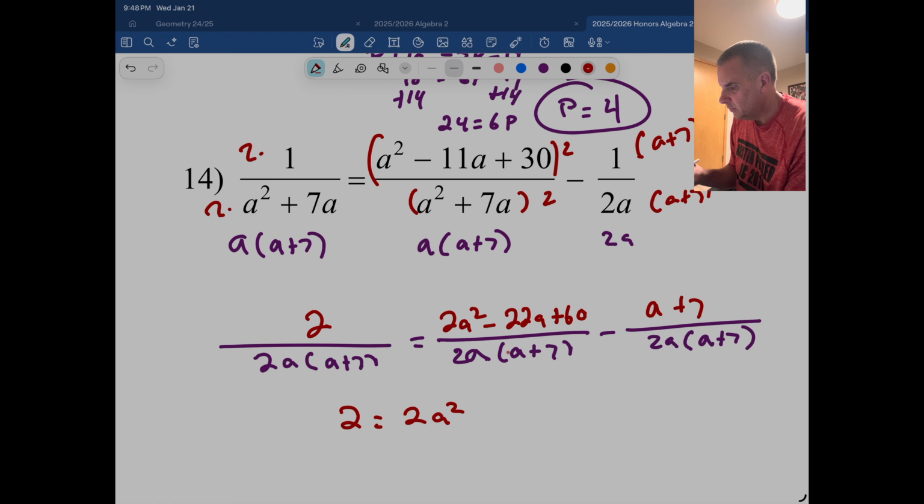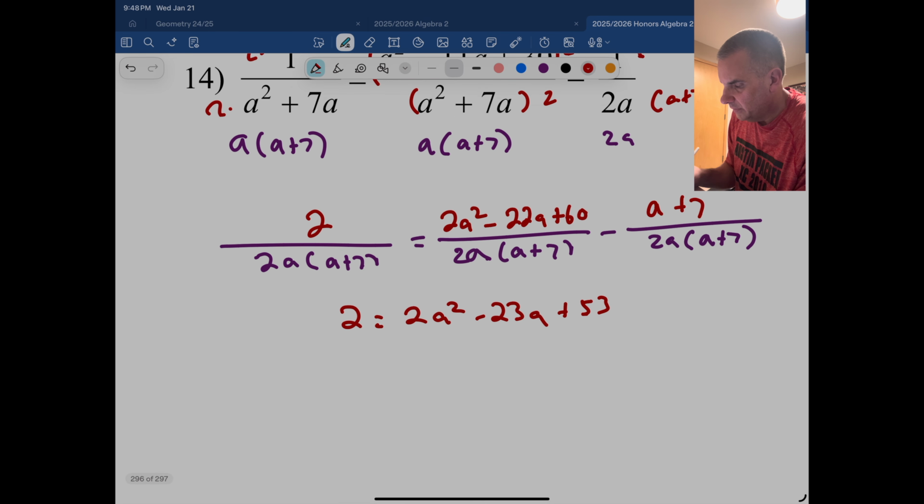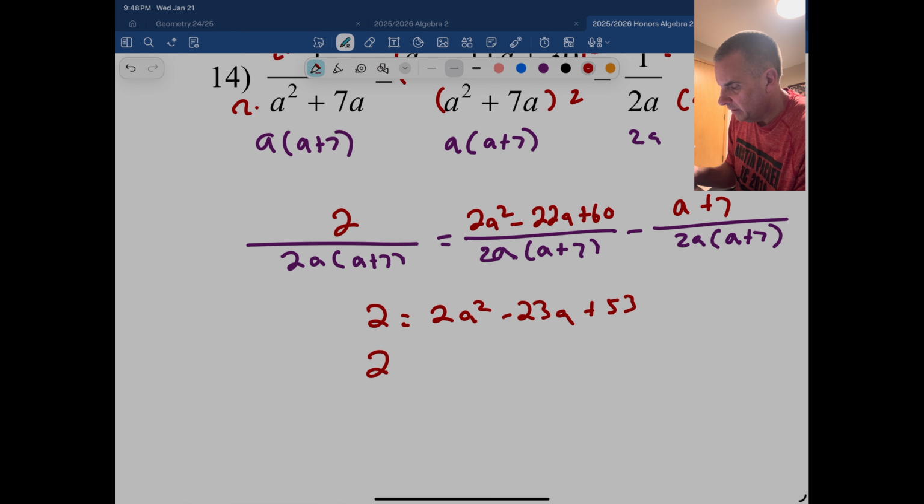I've got negative 22a, so negative 23a. 60 minus 7 plus 53. So just rewrite it as 2a squared minus 23a plus 51.